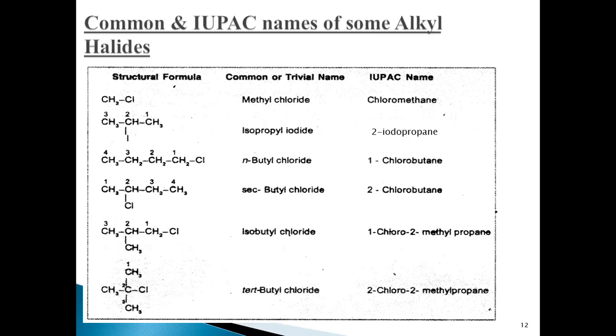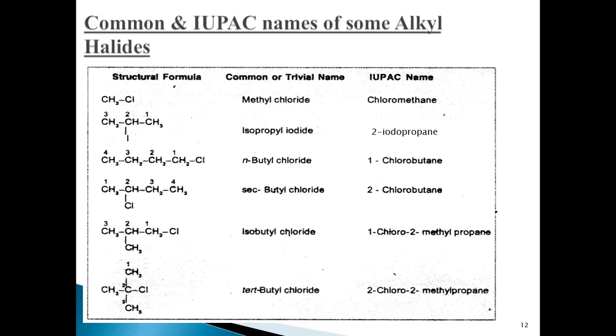Now come to the fourth example. See in the picture, how many carbons? Again 4 carbons. The parent chain is butane, but the position of chlorine is at where? Second position. Therefore, the name of this compound is 2-chlorobutane. Is it so?